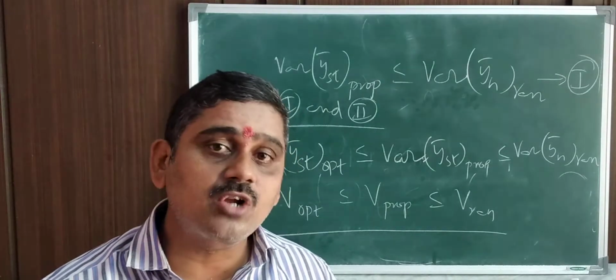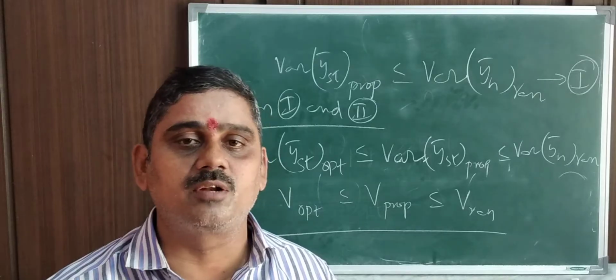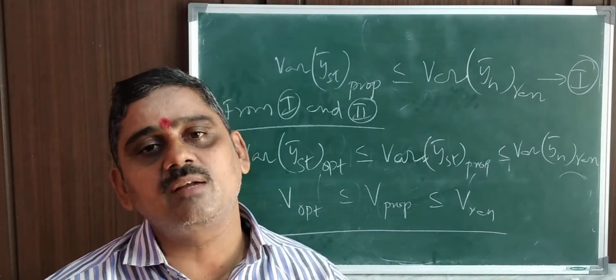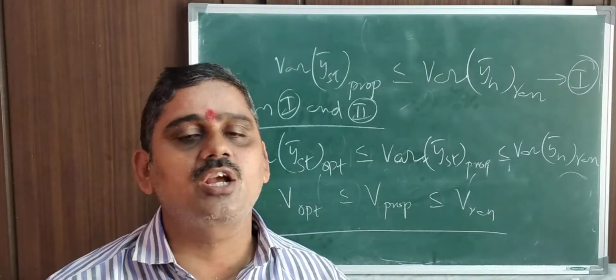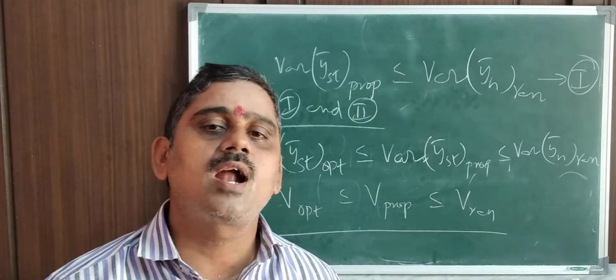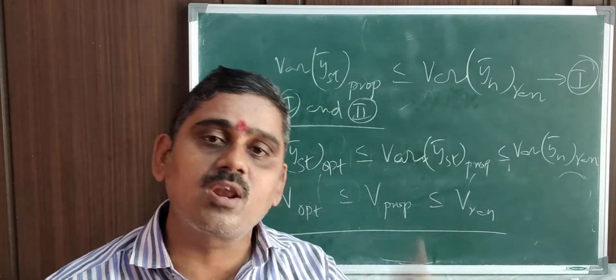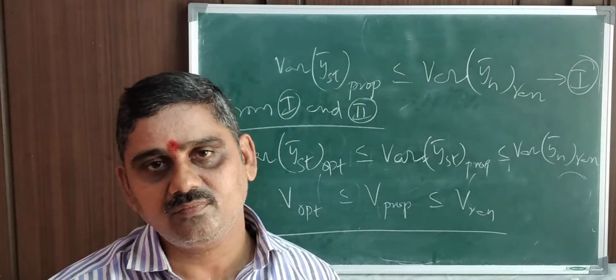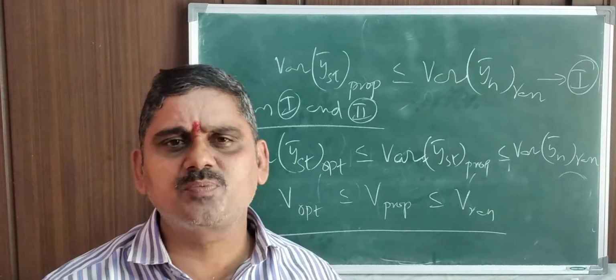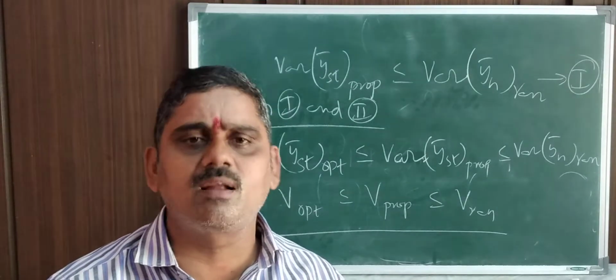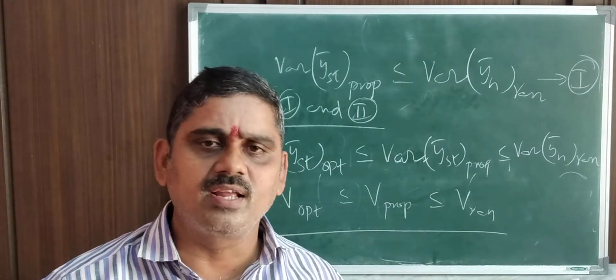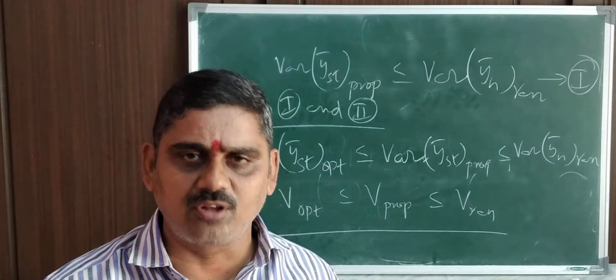Now here we have entered two techniques, proportional and optimum allocation. We have established the relation between optimum, proportional allocation and simple random sampling without replacement. You remember, we are always comparing with simple random sampling without replacement. We are simply specifying that as simple random sampling, random, RAN.